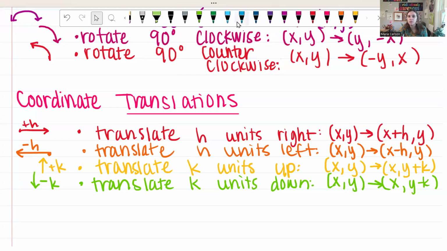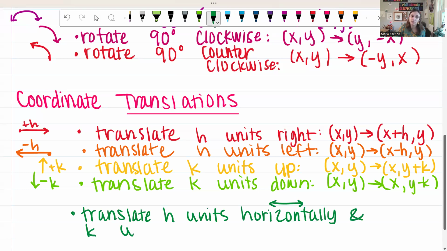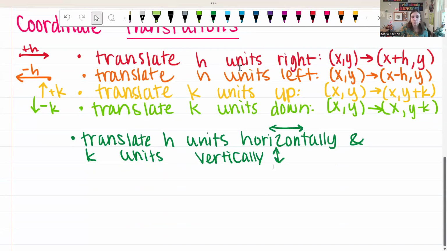Please note that you could do a couple translations at once. So if we are going to translate h units horizontally, meaning to the left or to the right, and K units vertically, meaning up or down, the mapping for this, you would have something happening to the x and the y coordinates.